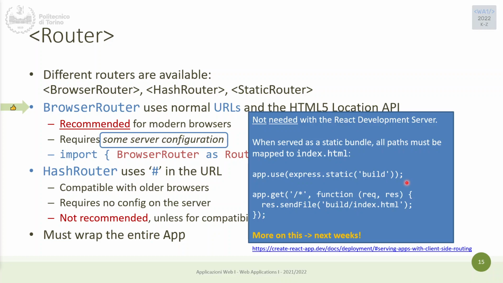And if you have an additional slash, the server tries to match the whole URL to a file that is inside the server. So through this mechanism, we disable this, and we say basically you always have to give back index.html, because it's the React application that knows how to manage the URLs.